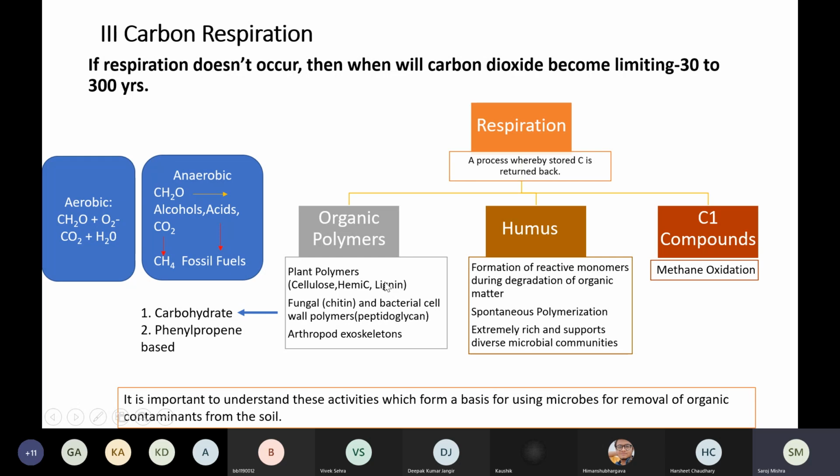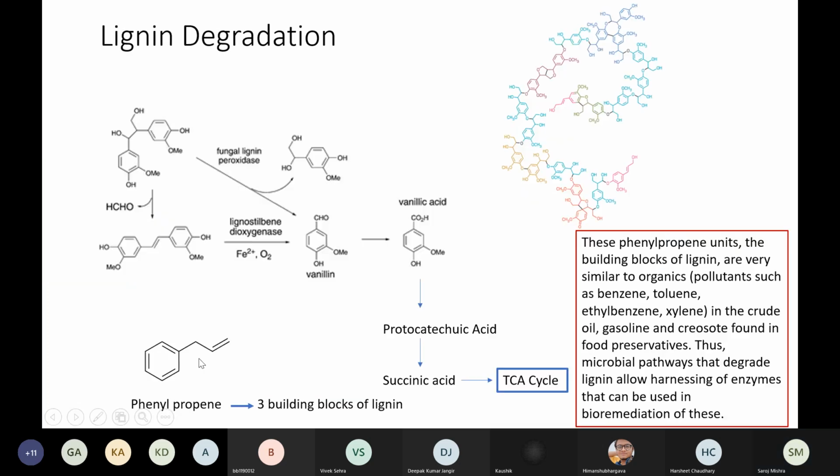Why? Because the monomer of lignin is a phenylpropene, just like a carbohydrate polymer like starch is built up from putting glucose units together. So this phenylpropene is modified, it is functionalized, and there are three building blocks of lignin.